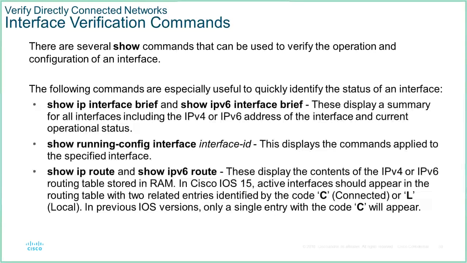Showing IP routes will display the routing table, in which you look for the ones with C, which means they're directly connected, or L, depending on the version of operating system, which means they're a local connection, but generally C is there. Local link is coming about now because of IPv6. So they're the show verification commands.